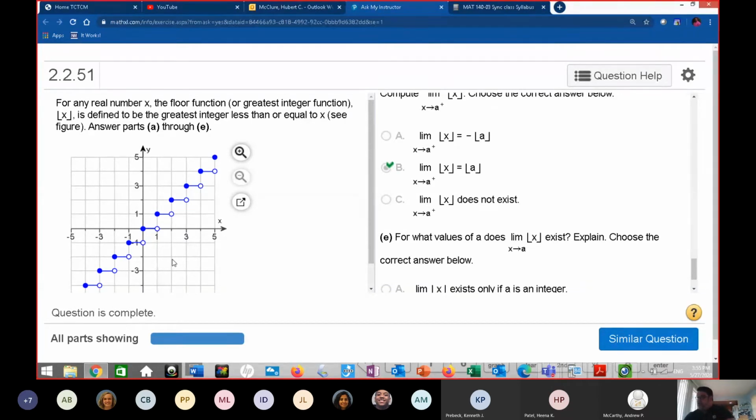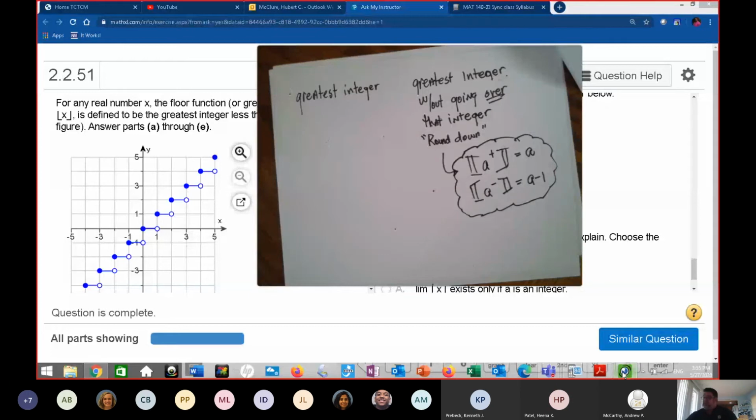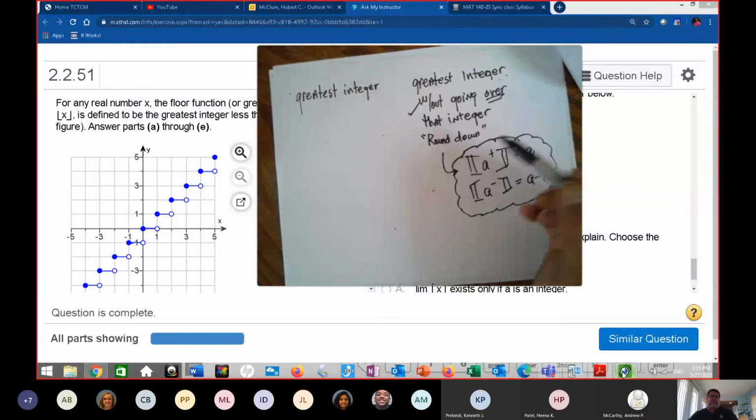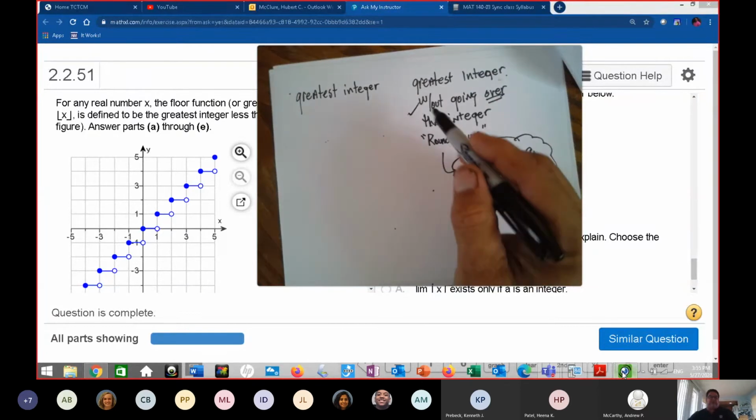But you don't know that, I'm sorry. You don't know this unless you know this, and you don't know this unless you know that this piecewise function is the graph of the greatest integer function.